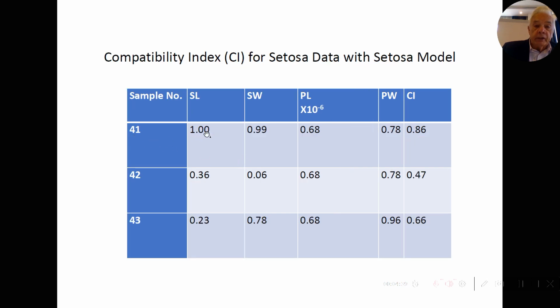And then we get the different values of each of the elements taken, of the rows taken, rows 41, 42, and 43 from the table. And we get from there the values for the different flowers.